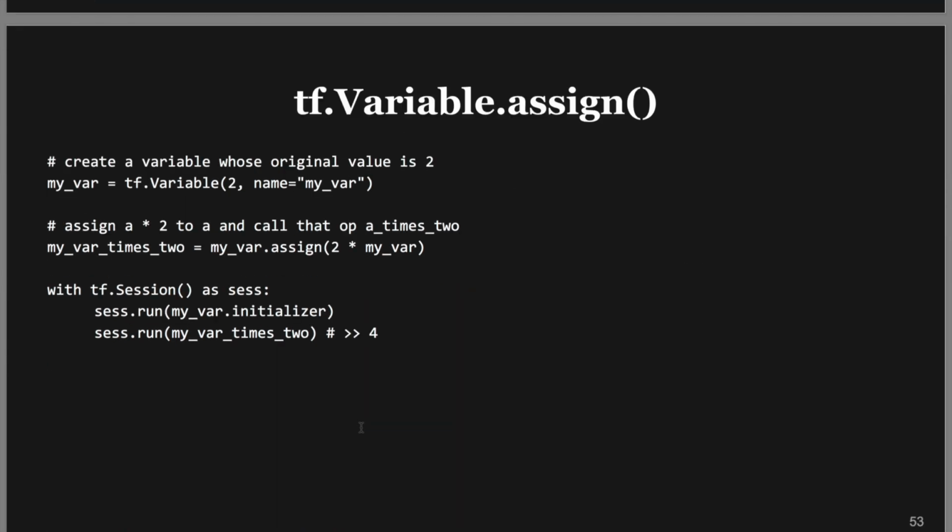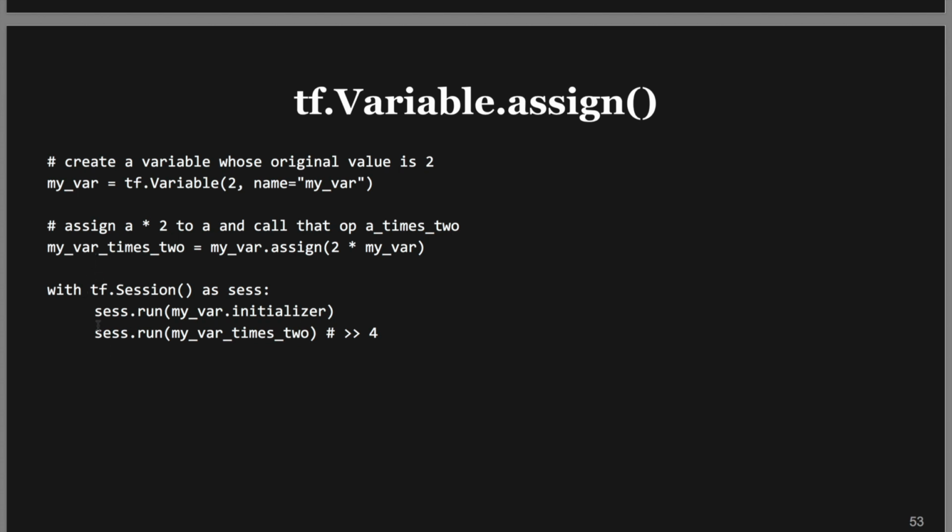Now let's see what's happening out here. Let's say we have a variable, my_var = tf.Variable(2). We can always name a variable my_var, and we declare an op, my_var_times_two, which does my_var.assign(2 * my_var). Now, if we call sess.run(my_var.initializer), because it's a variable, you have to initialize it.